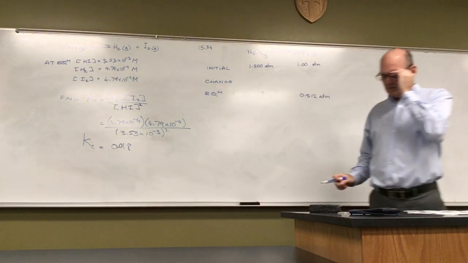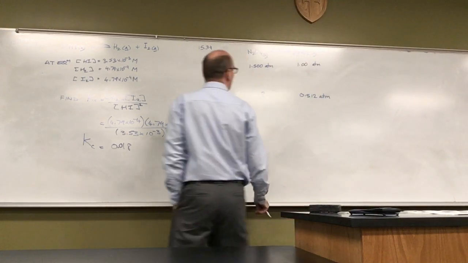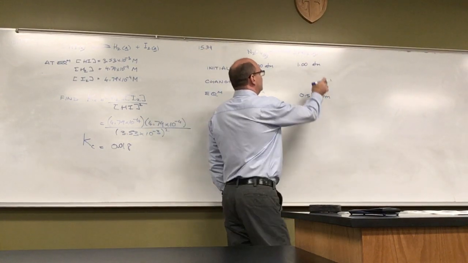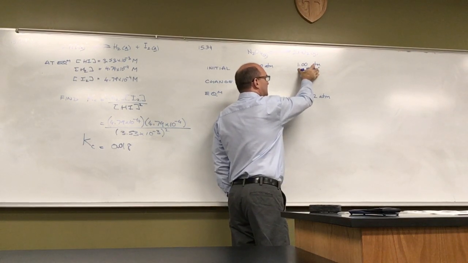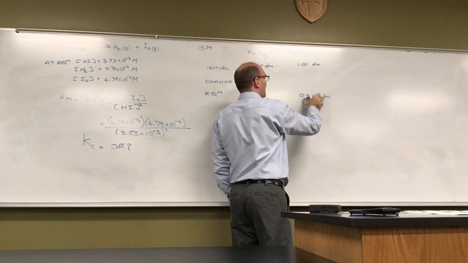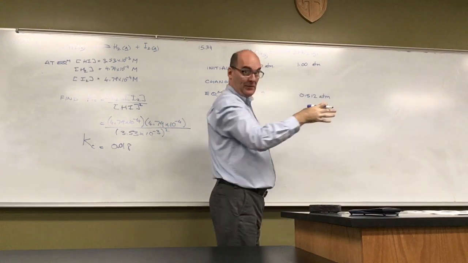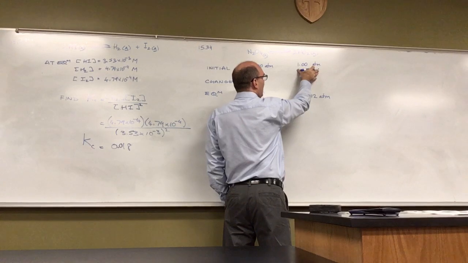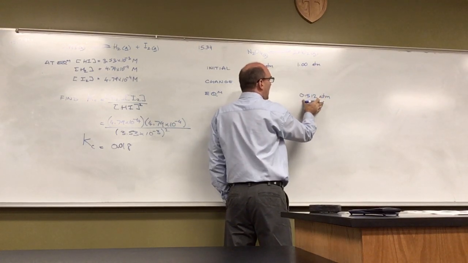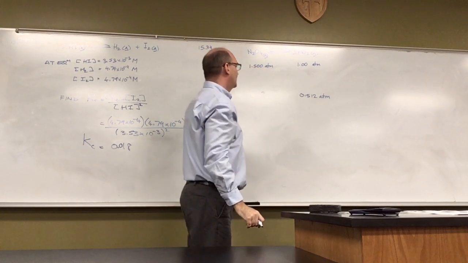And here's how we figure it. I'm going to look at the part on my table where I have the most information. I started with an atmosphere of nitrogen dioxide, and I ended up with 0.512 atmospheres.